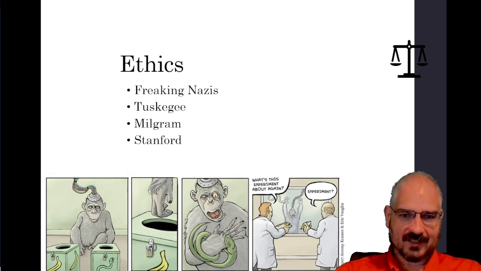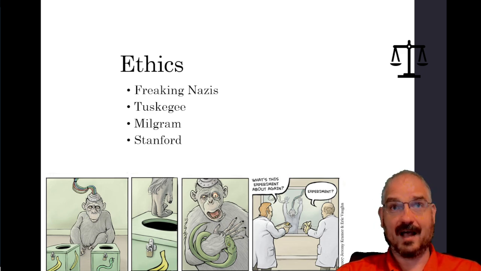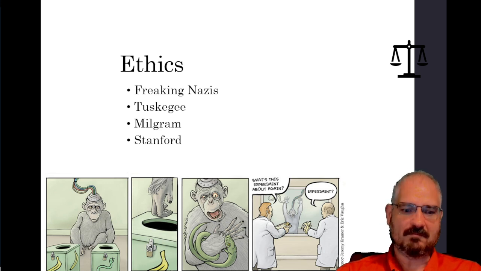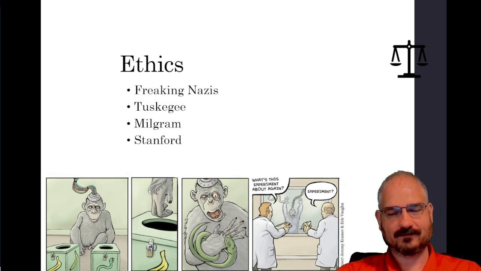And then the last one we're going to talk about here is an example. And again, there's probably thousands more examples of unethical research I could talk about. But the one that's really most applicable to criminal justice is the Stanford prison experiments.